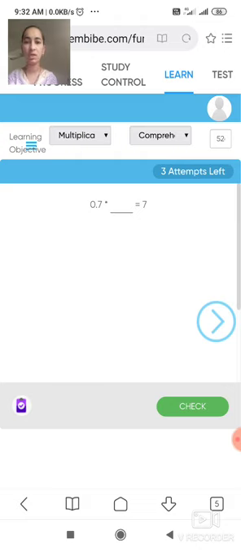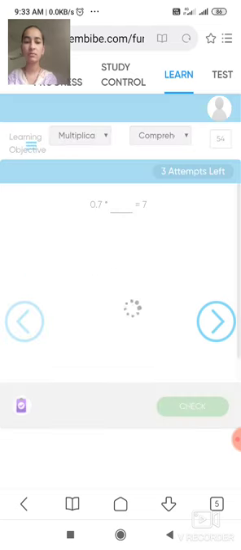If you multiply by 100, it will be shifted 2 places, that means after 2 digits. Here we have to shift only after 1 digit, so we multiply by 10. So 0.7 multiplied by 10 gives 7.